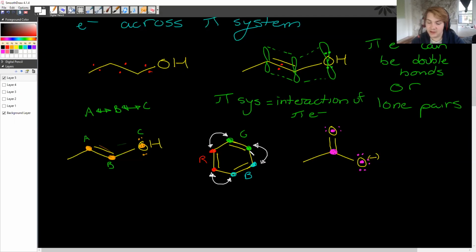And these are in a pi system and also touching. So all of the red carbons can interact with all of the green carbons, which can interact with all the blue carbons. All right, so they all line up together. And then, as you can probably guess, because both of these oxygens are touching this carbon, both of these oxygens can interact with each other as well. Does this make sense so far?